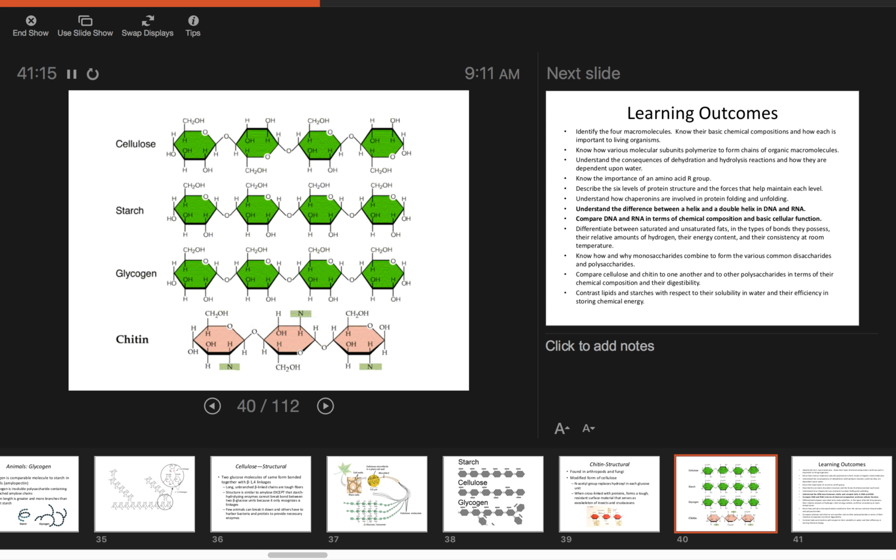All right, so chitin is beta 1,4, but instead of a hydroxyl group like up here, it's that N-acetyl group. Oh, so it's a modified form of cellulose. So those would be polymers, right? These are all polymers. Okay.